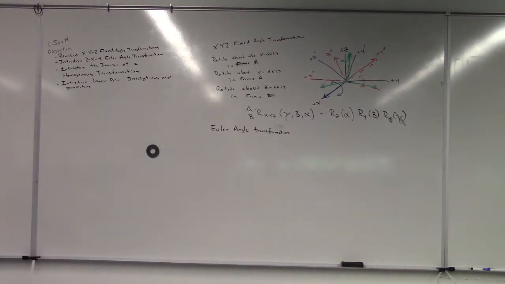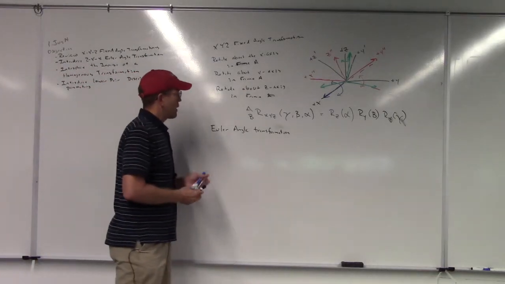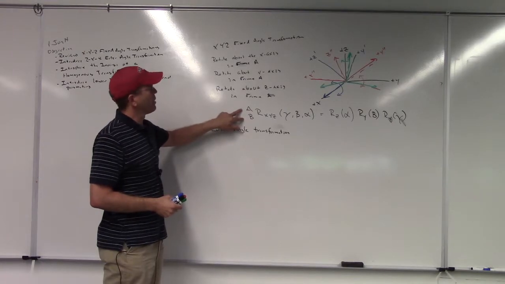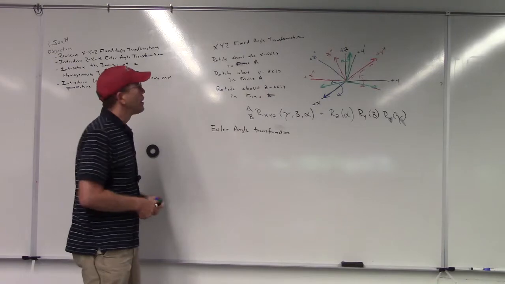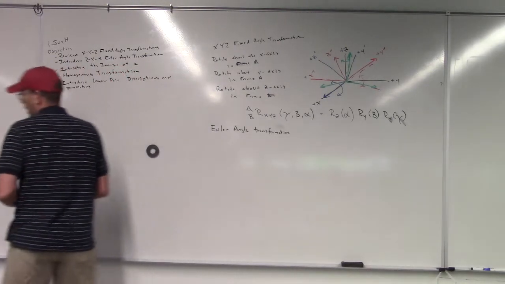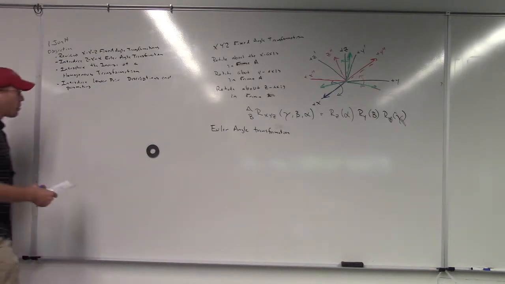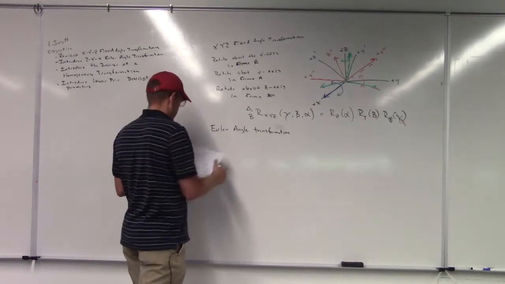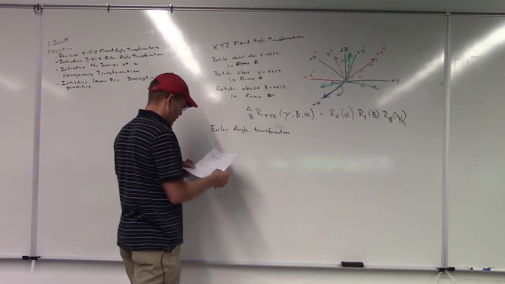Turns out that our Euler angle transformation is almost identical. The distinction is not what it's defined as, but rather how we're interpreting these transformations. So, in the Euler angle transformation, we end up with exactly the same transformation, but the order in which we interpret it is different.